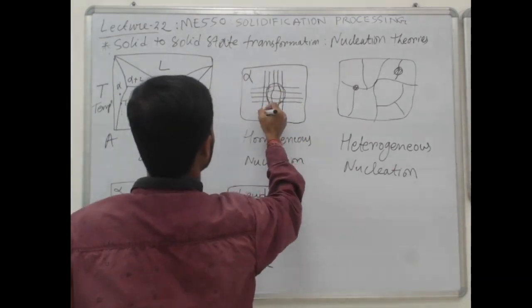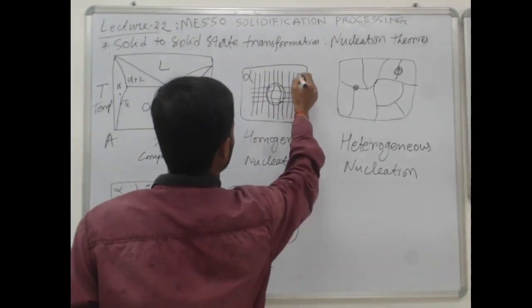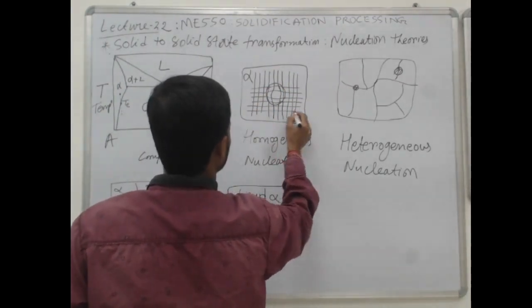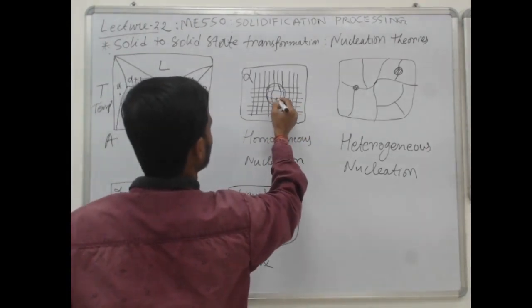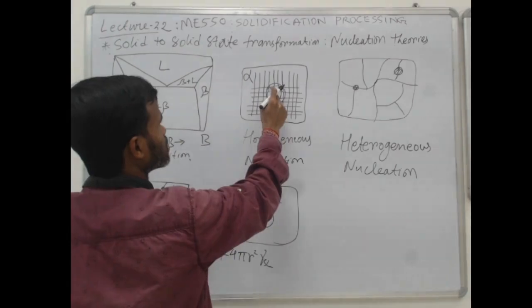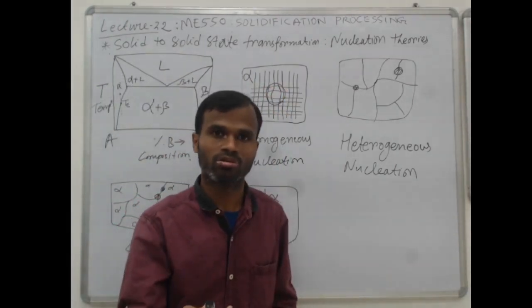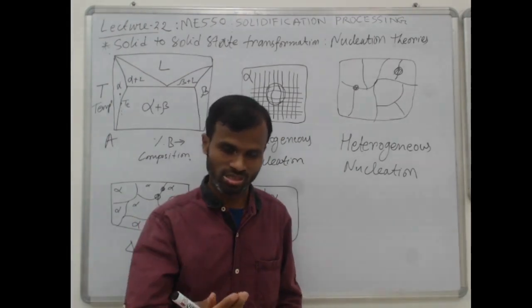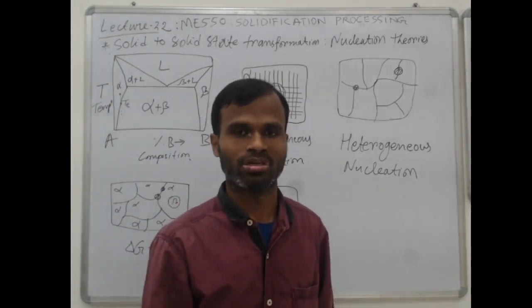Because of the variation in lattice parameter, since alpha and beta are two different phases, their lattice parameters will be different, and their densities will be different.